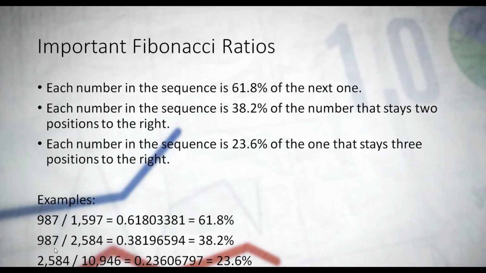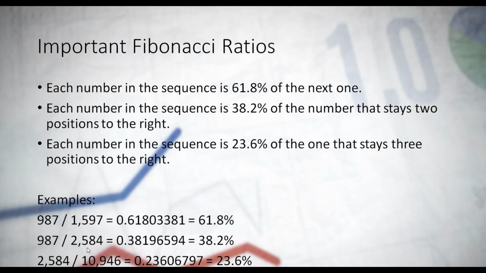If we take the same number and we divide it by the number that stays 2 positions to the right, for example, 1597 plus 987, the one which is before 1597, we get the result of 2584, which is the second number after 987. So when we divide 987 by 2584, we get a result of 0.38196594, which is approximately 38.2%.